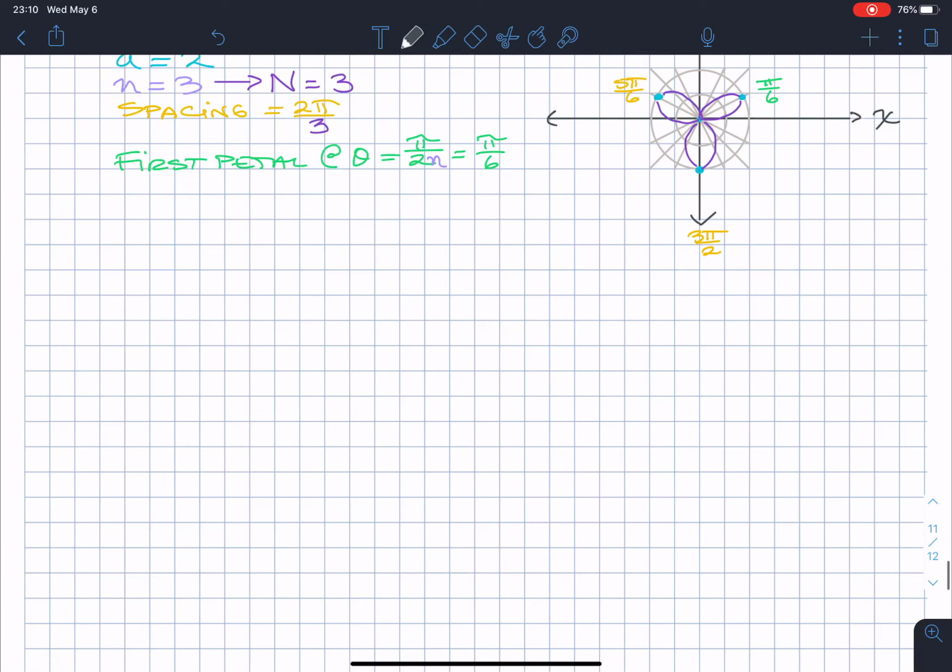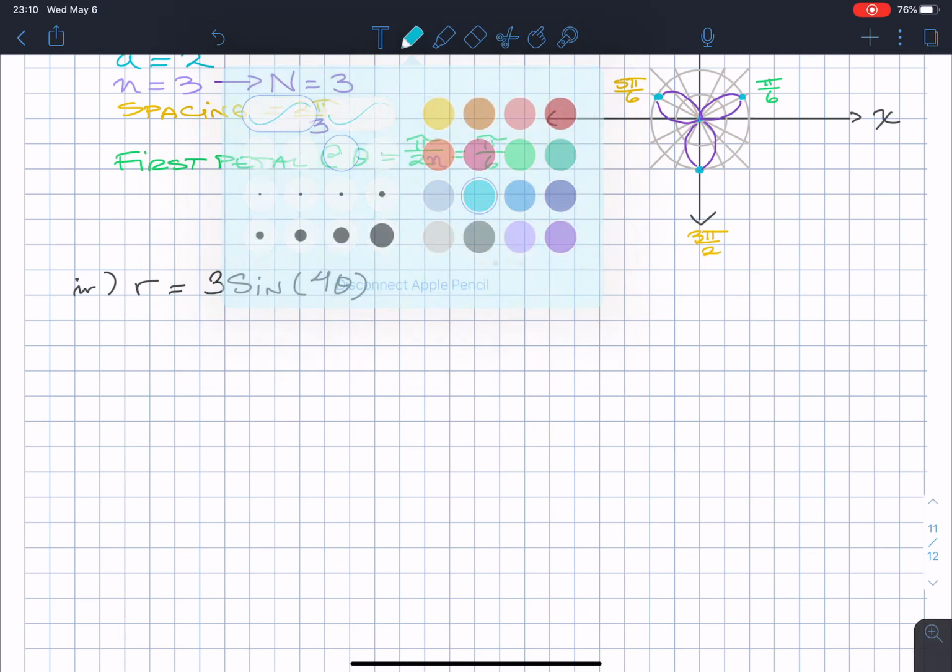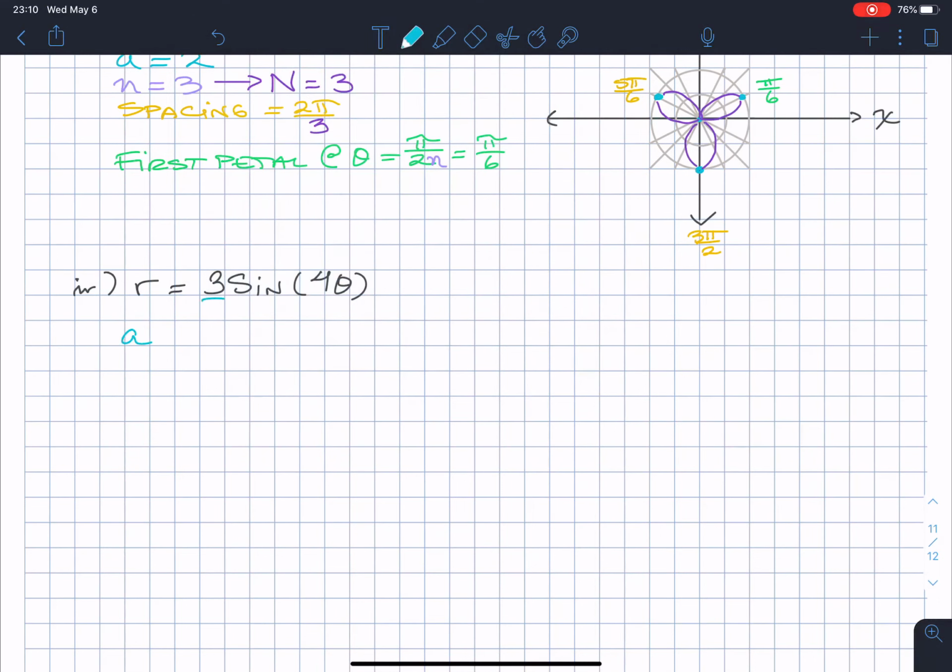Okay, so let's do another one. So number 4. So let's say we have r is equal to simply sine of 4 theta. Should I do just sine? No, let's try a number. Let's try number 3. How about that? So now my radius is 3, so my petal length is 3.